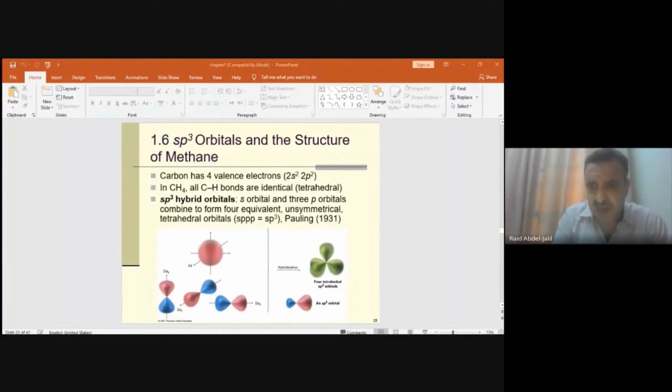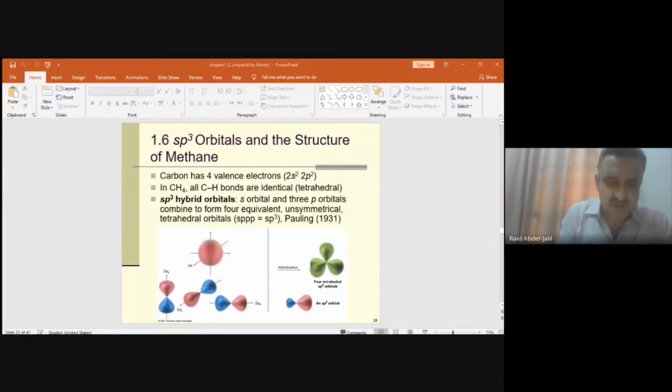You follow me? Now, sp3 always has the geometry, the orientation of the orbitals around an sp3 hybridized atom, called tetrahedral. It's extremely important, guys, to remember, based on the Lewis structure, what the hybridization will be, what the geometry will be, and what the bond angle will be around every atom.